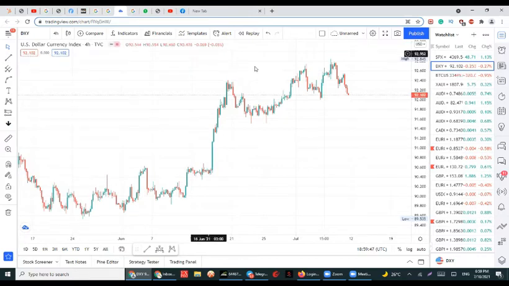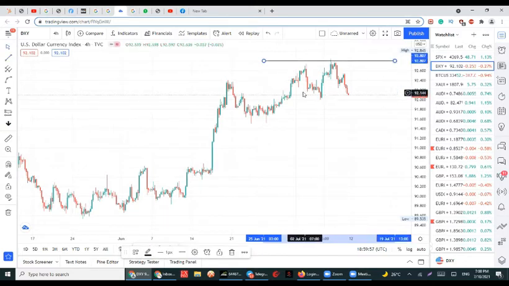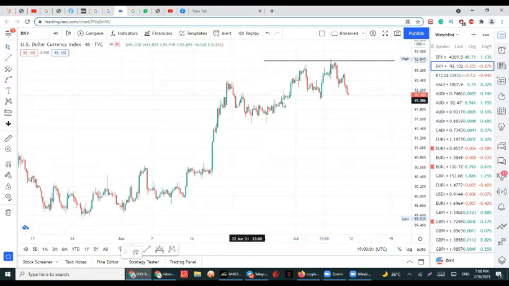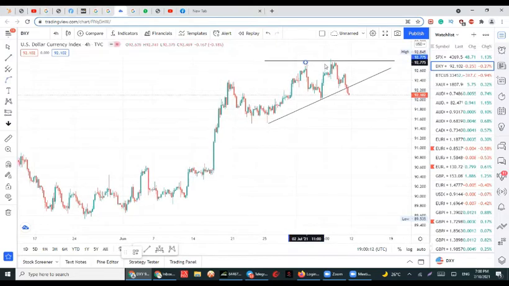We can see that price got to the key resistance zone over here, and then price failed to break that particular level. So what I'm looking at is whether price has been able to break this wedge and create the double top pattern. Okay, this is a double top pattern.